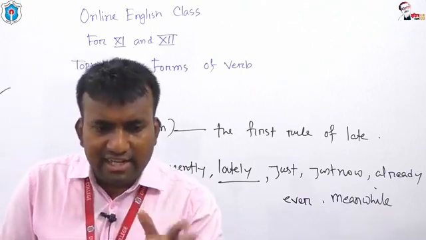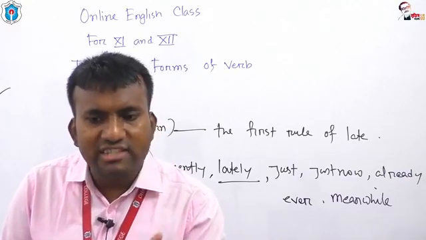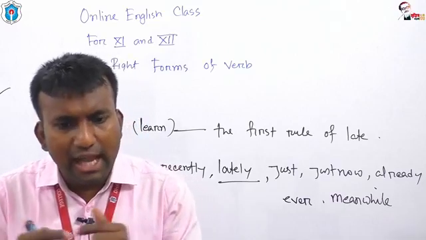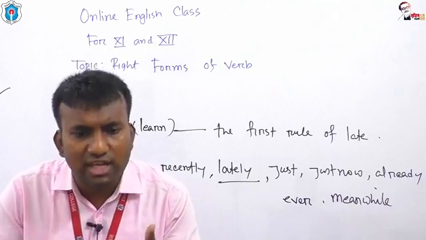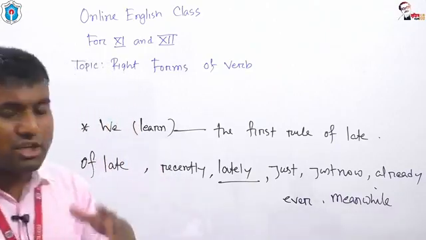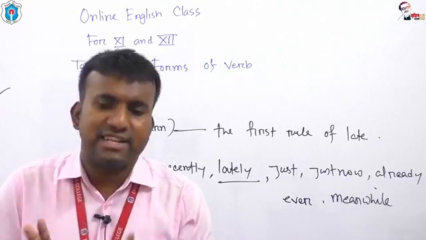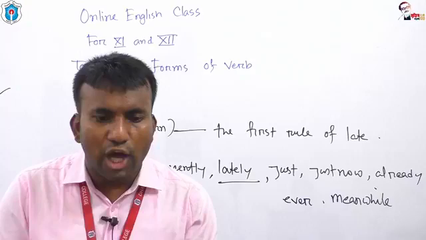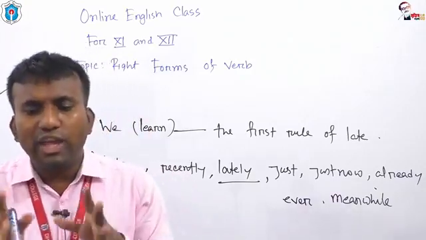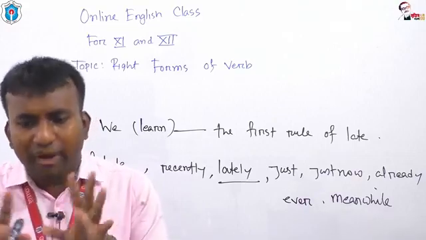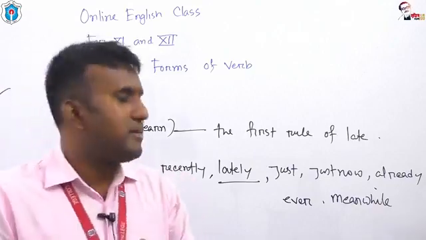Present perfect tense has an individual structure, and that is, you have to put the subject, then the auxiliary verb have or has. After have or has, we have to put the past participle form of the verb. This is the structure of present perfect tense. There are some adverbs and adverbial phrases. If you get these in a sentence, you have to create present perfect tense.